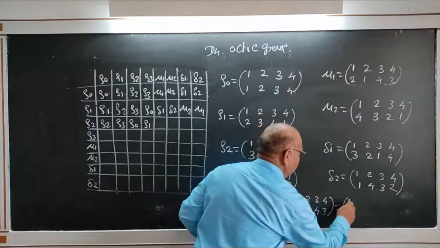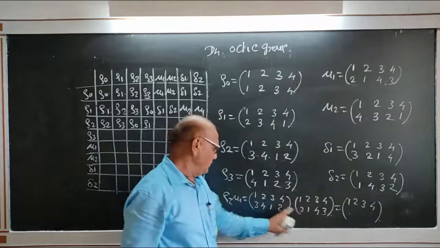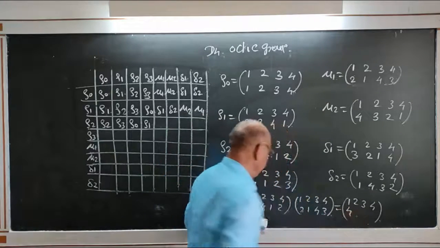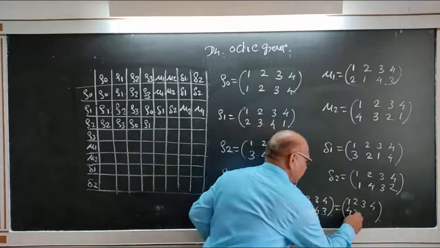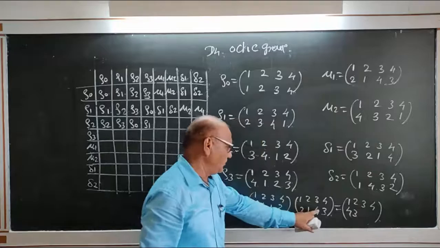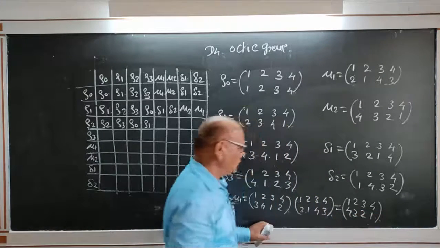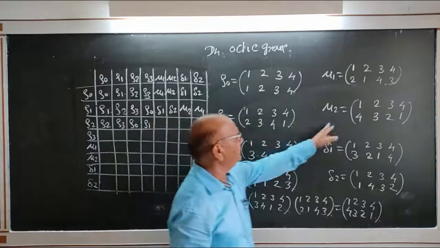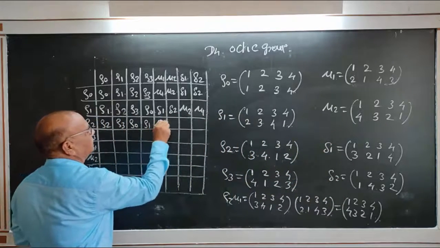This is equal to 1, 2, 3, 4. See here, 1 goes to 2, 2 goes to 4. 2 goes to 1, here 1 goes to 3. 3 goes to 4, here 4 goes to 2 and 1. 4, 3, 2, 1. This is mu 2.